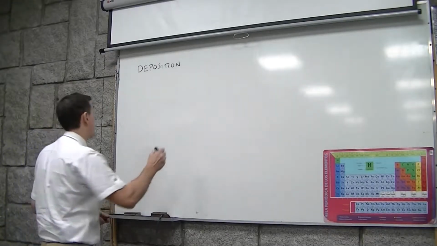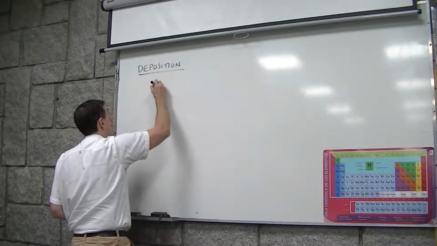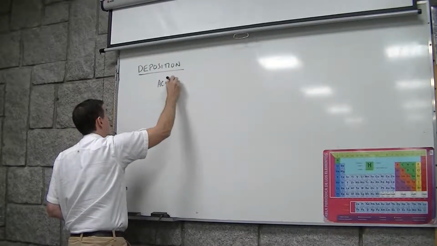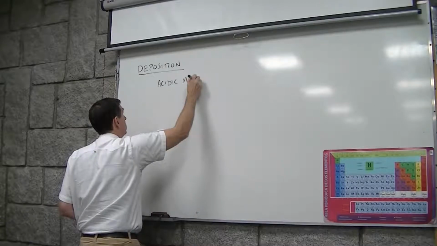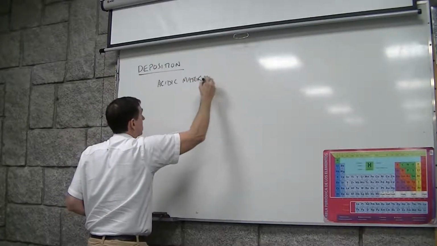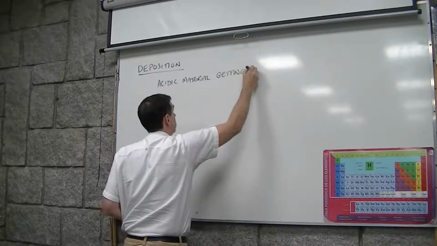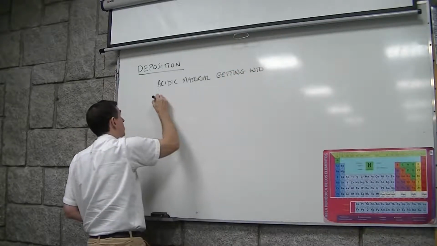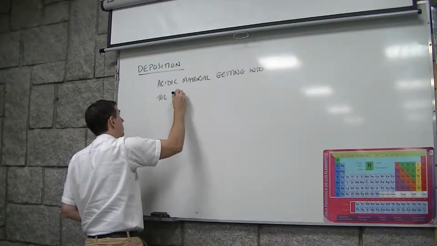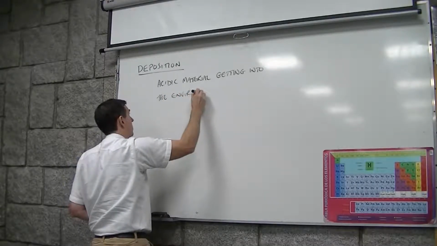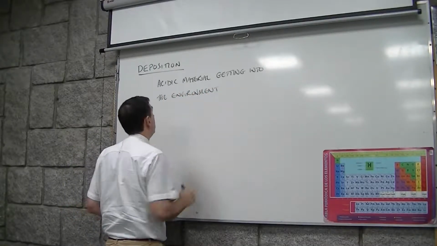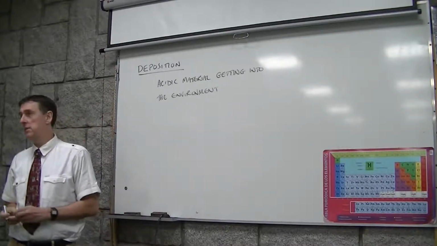So this is what we've got. We've got acidic material getting into the environment, we'll say. Now, there's two sources of acidic materials.